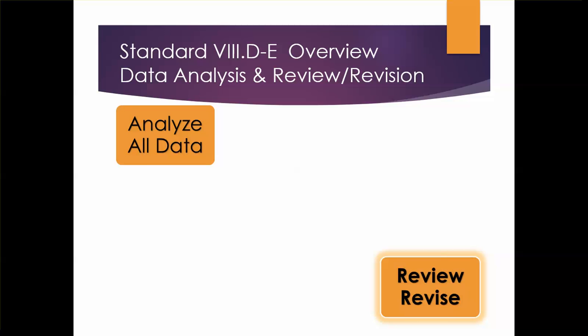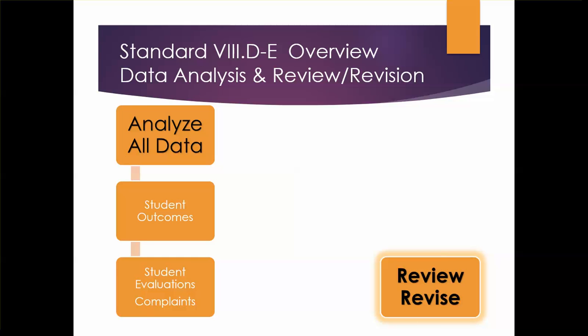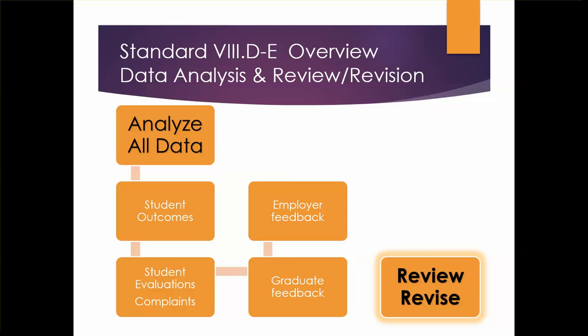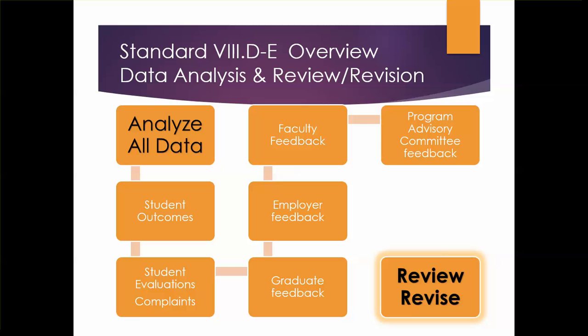This data must include your student outcomes, student evaluations and any complaints, feedback from graduates, employer feedback, faculty feedback, feedback from your program advisory committee, as well as any industry trends. This would include anything going on in the national organizations, state licensing laws, accreditation standards, and the like. So all of these then are used to review and revise your program.